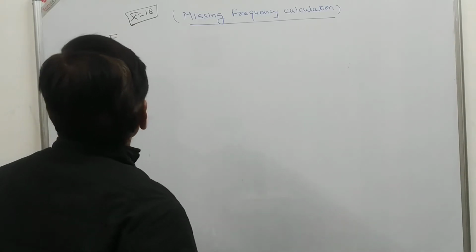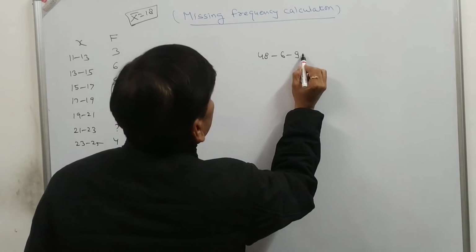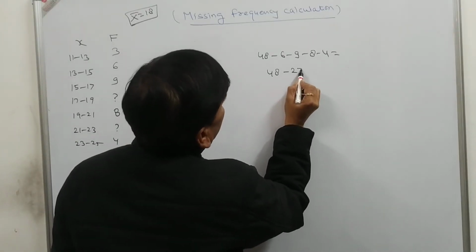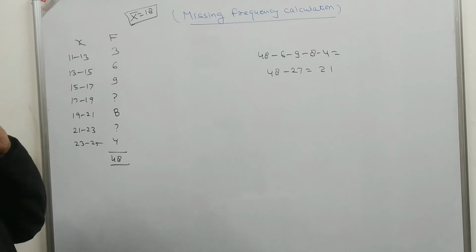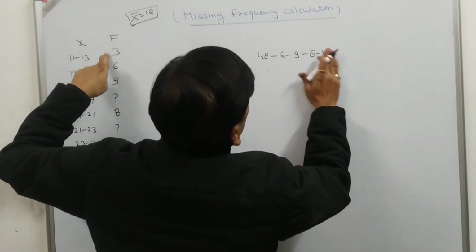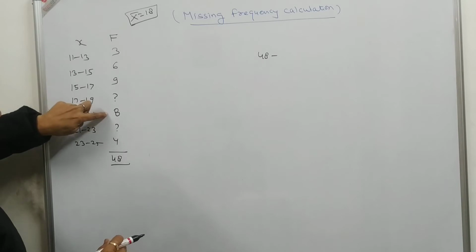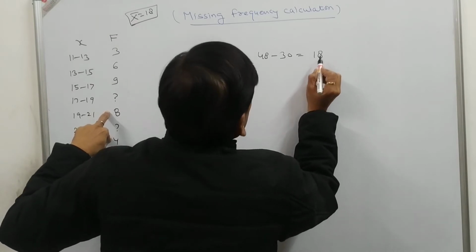So the very first thing we will do is 48 minus 3 minus 6 minus 9 minus 8 minus 4, which is 48 minus 30. The addition of the two missing frequencies is 18.